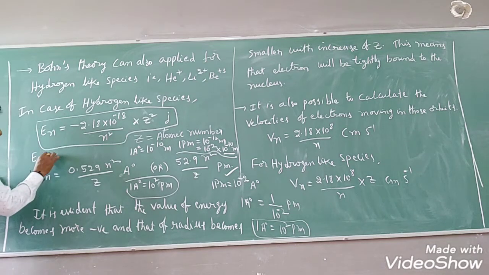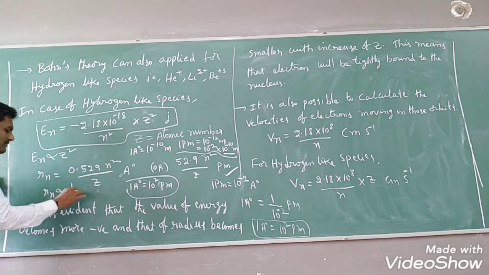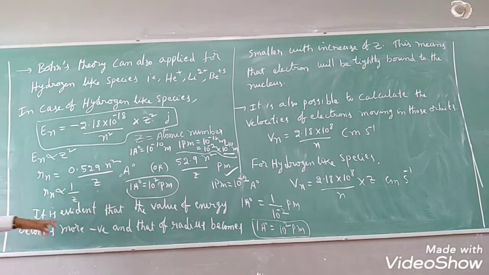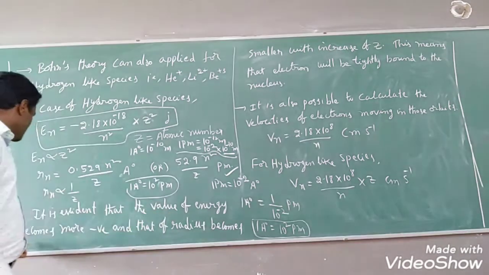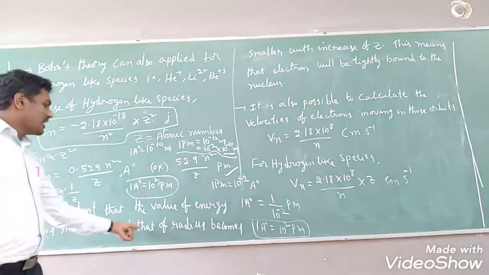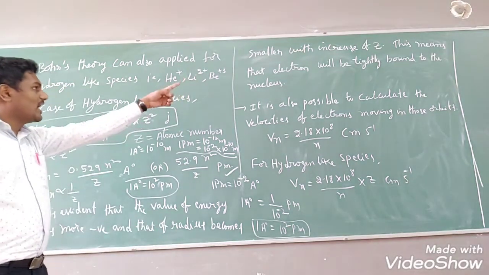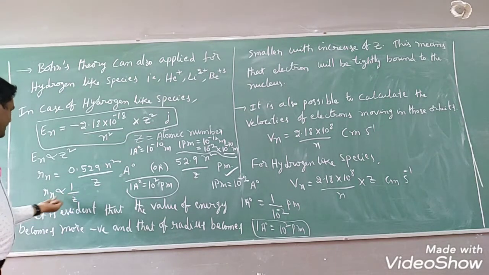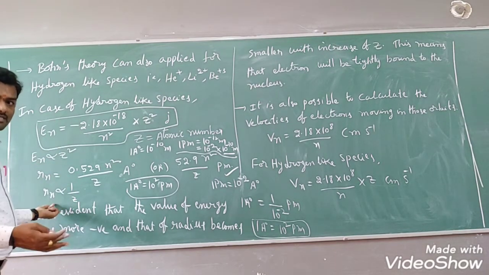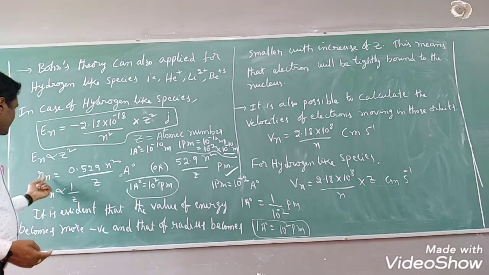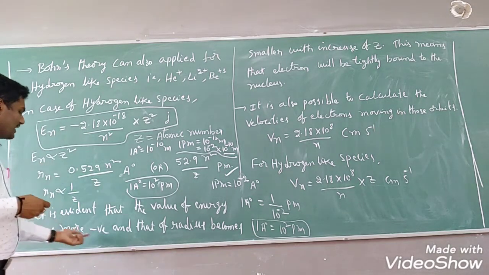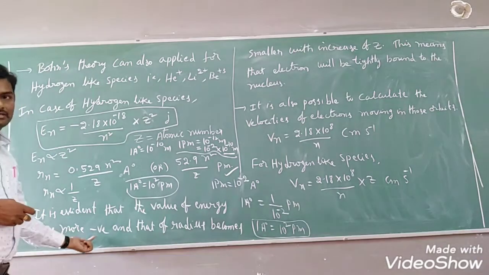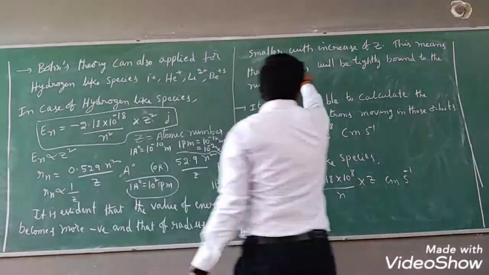Energy of the nth orbit is directly proportional to z square here. Radius of the nth orbit is inversely proportional to z. So it is evident that the value of energy becomes more negative and that of the radius becomes smaller with increase of z. Z increases, then what happens? Radius of the nth orbit becomes small, energy of the nth orbit becomes more negative, right students? That we can conclude here.